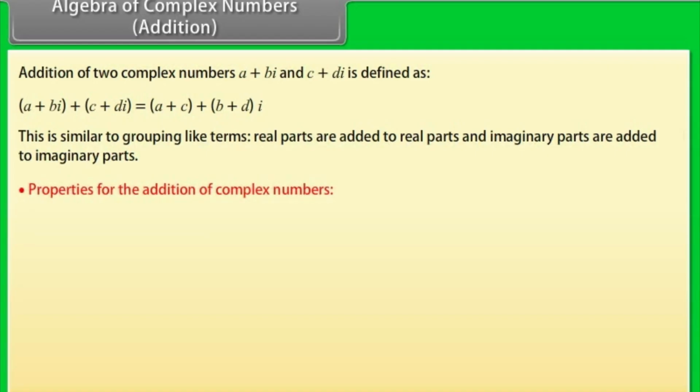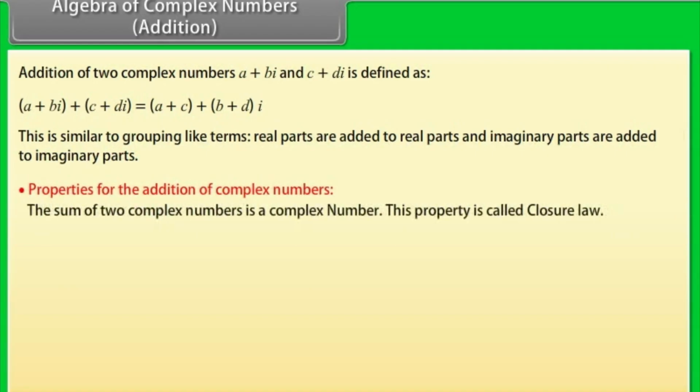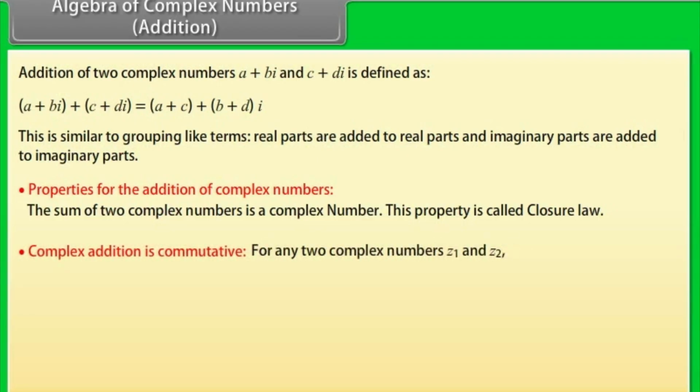Properties of the addition of complex numbers. The sum of two complex numbers is a complex number. This property is called closure law. Complex addition is commutative. For any two complex numbers z1 and z2, z1 plus z2 is equal to z2 plus z1. Complex addition is associative.